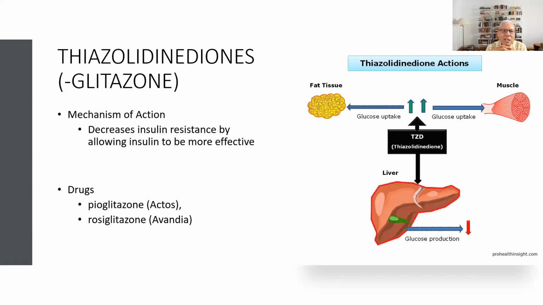The way it works, it increases insulin sensitivity by acting on adipose tissue as well as muscle, and to a lesser extent the liver, to increase glucose utilization and decrease glucose production.